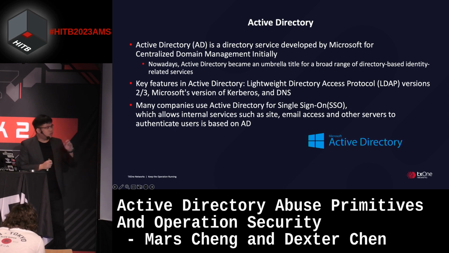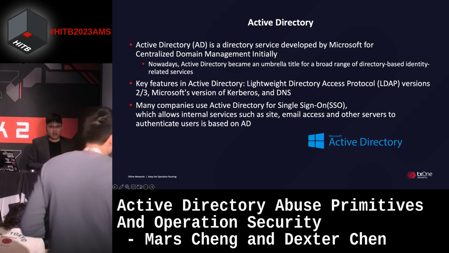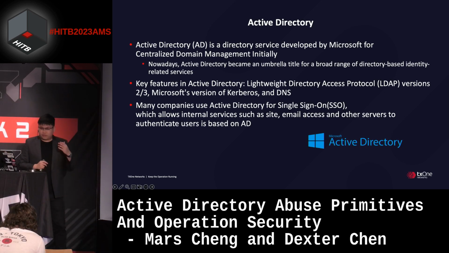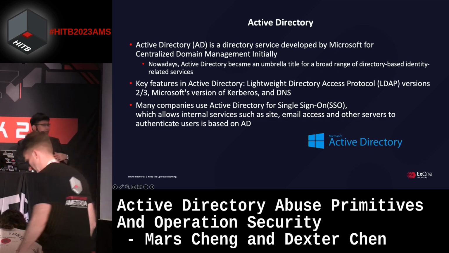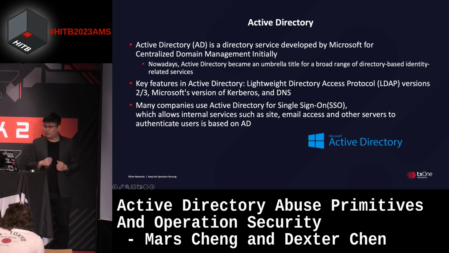The three key protocols and features of Active Directory are LDAP, the Microsoft version of Kerberos, and the DNS service. They also integrate with services like single sign-on and ADFS. We will show a demo of that later.